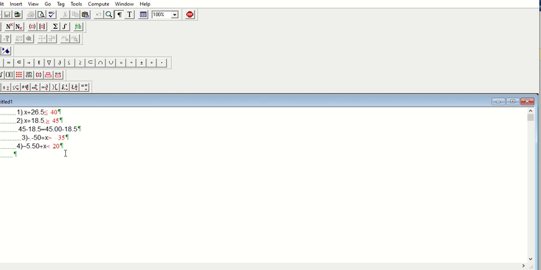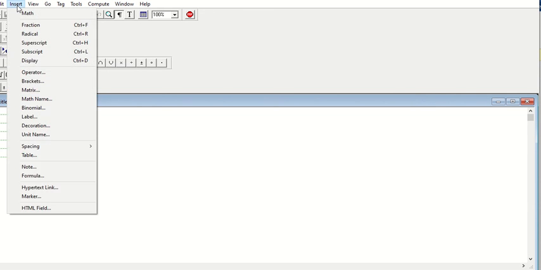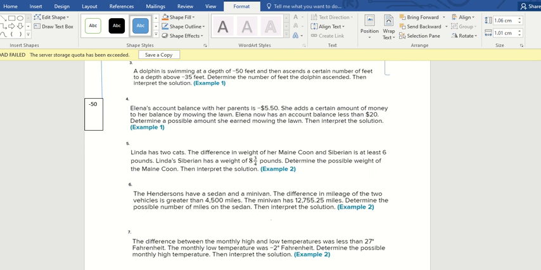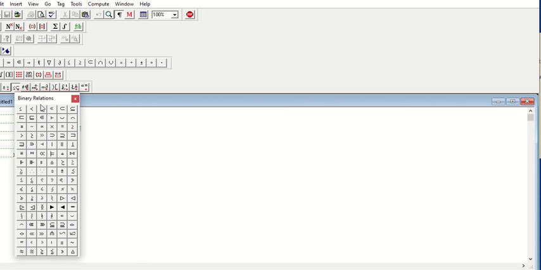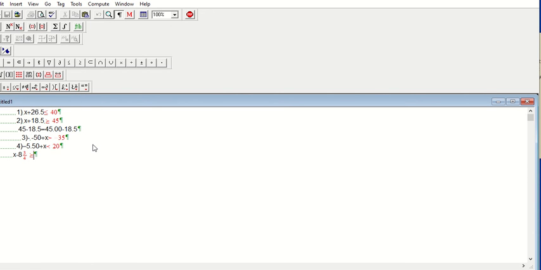Okay, I will try to write it here. X minus 8 3/4 is greater than or equal to 6, which means 6 is less than or equal to it, and 6 is a small number.